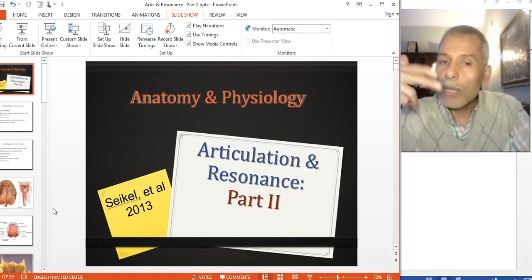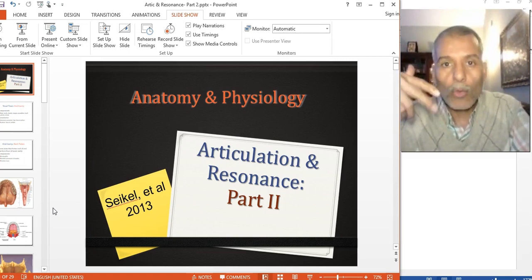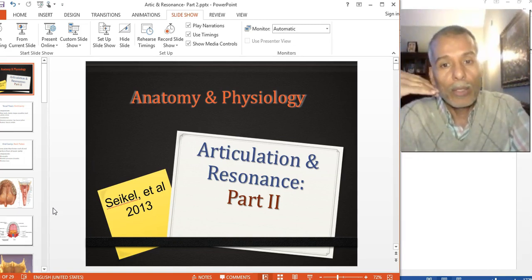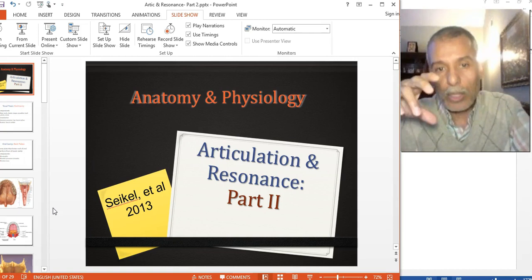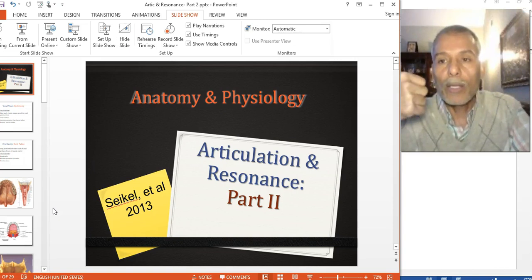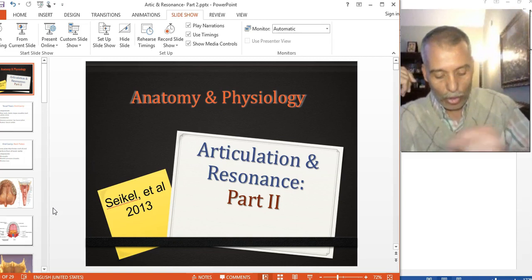I do not want to name them here because in case I forget or leave one out, then you presume, oh, it is not going to be on the exam. So they are listed here on the slides. Go back to them, take them one by one, and you need to be able to identify the origin, the insertion, and the physiology or the functions.